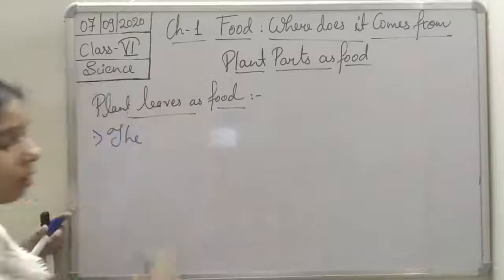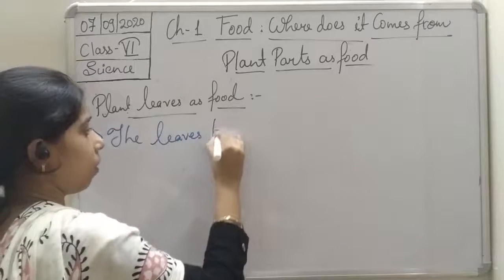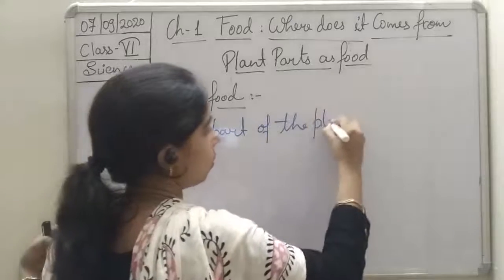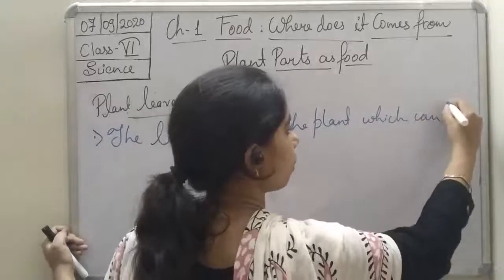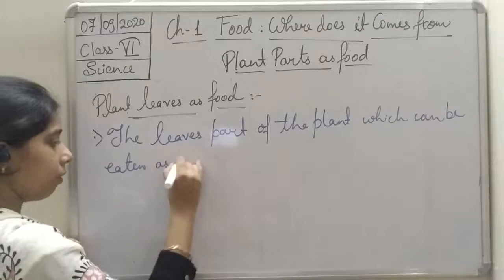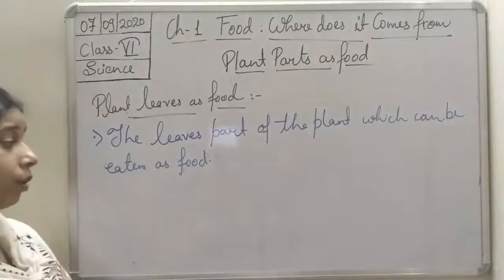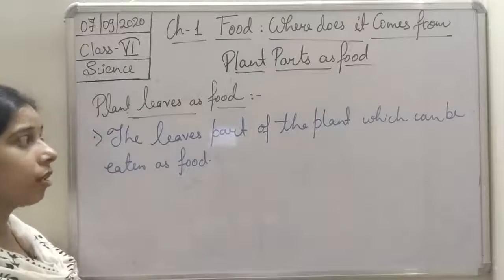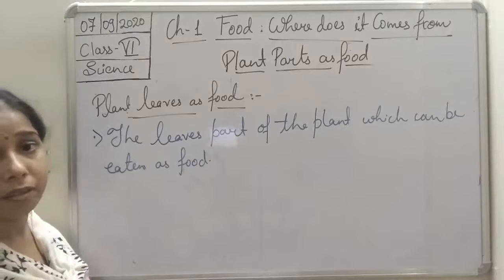So we can write it, the leaves part of the plant which can be eaten as food. Okay, so the leaves part of the plant which can be eaten as food, we will say that plant consists of an edible part, that is the leaves.